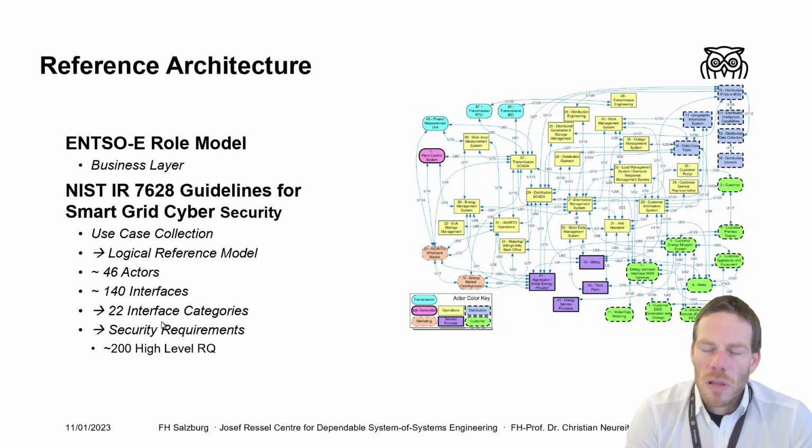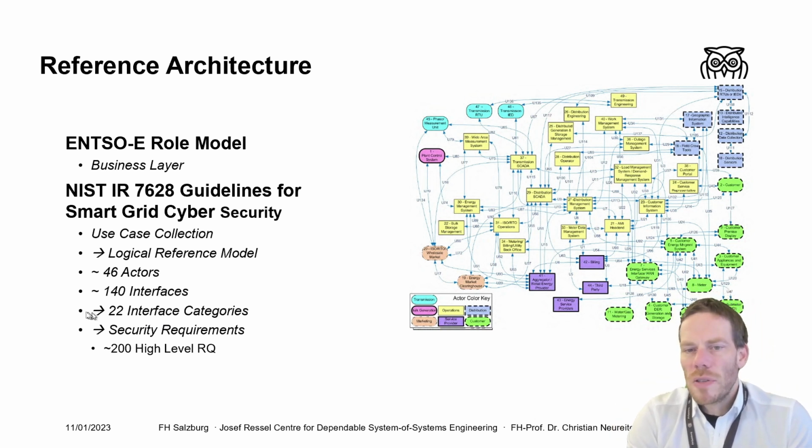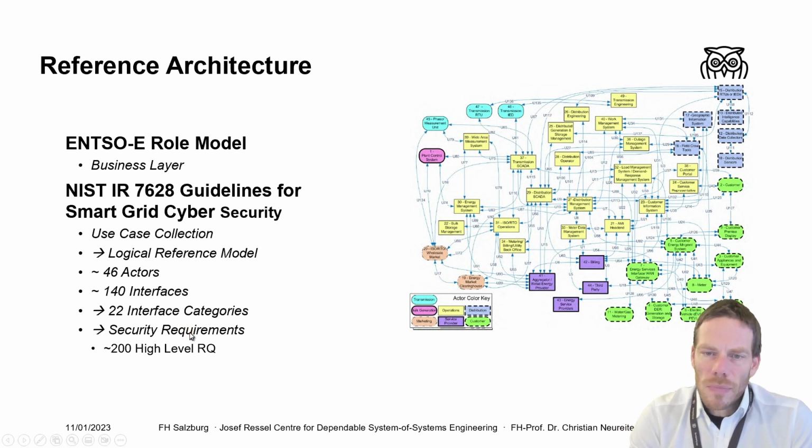Further, they developed some interface categories, to be precise 22 interface categories, and every interface they identified was assigned to particular categories. And finally, for all interface categories, they came up with the elaboration of different high-level security requirements.